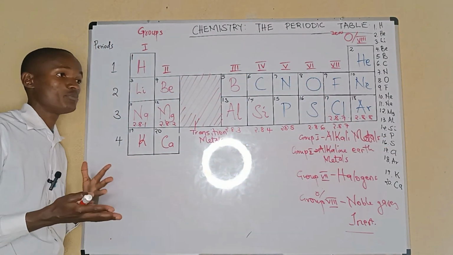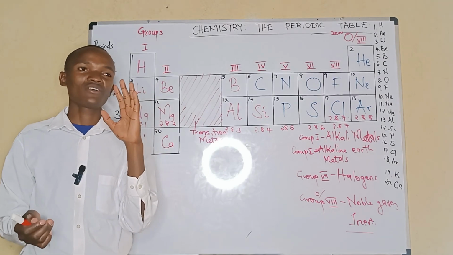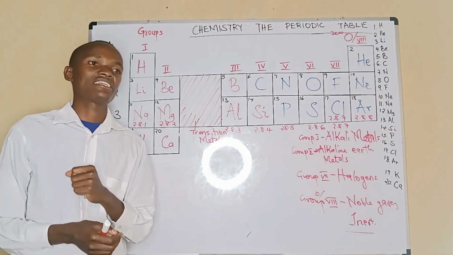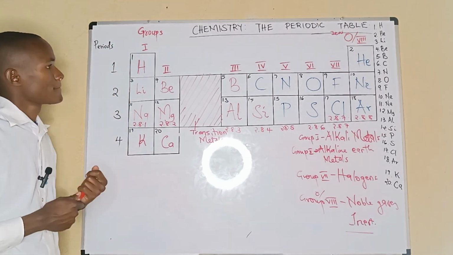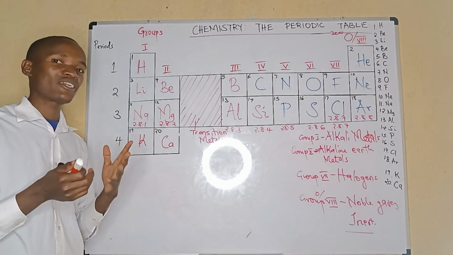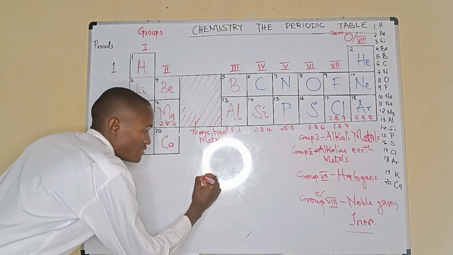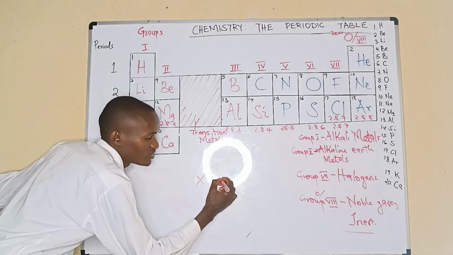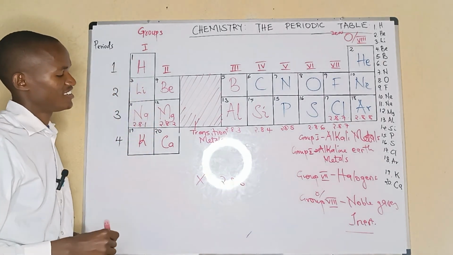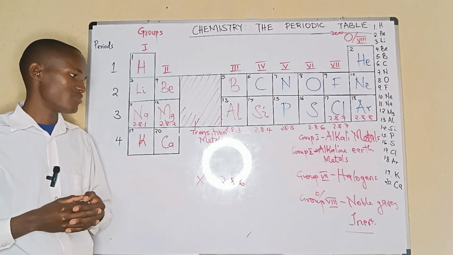So we can say that a period shows the number of energy levels of an atom of an element. Given a certain element X with a configuration of 2, 8, 6, and you are told, in what period does this element belong?